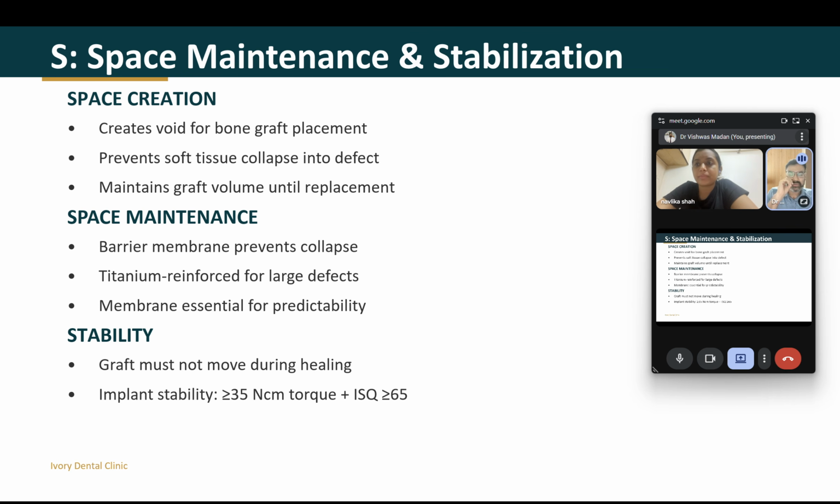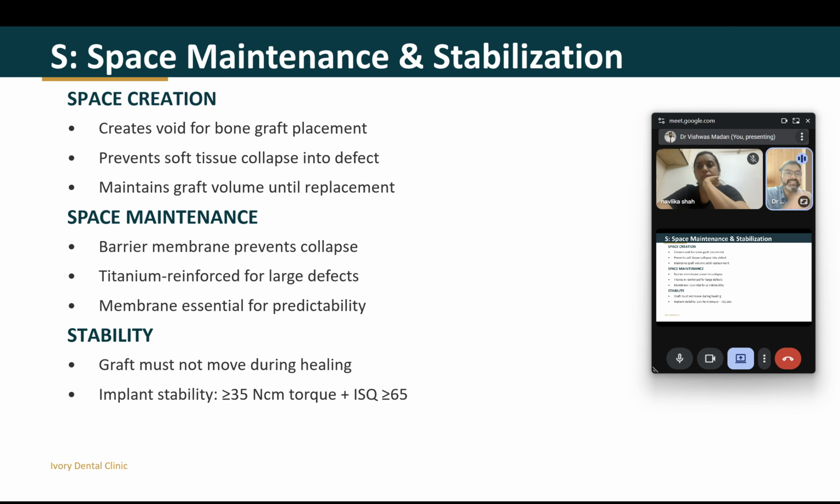Okay. Now, next is space maintenance and stabilization. These are the two S in the PASS principle. Space creation means we need to have sufficient space in the area where we are going to put the graft. If after putting the flap on top, the flap only compresses the graft and the graft gets displaced here and there, then again bone is not going to form.